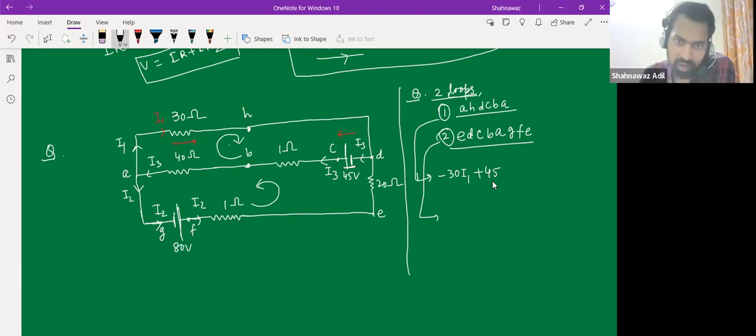Okay. Now I shall come to this part. We have the loop in this direction. Current is flowing in this direction and the current is I3. Resistance is 1 ohm. So what would be here, Aisha?